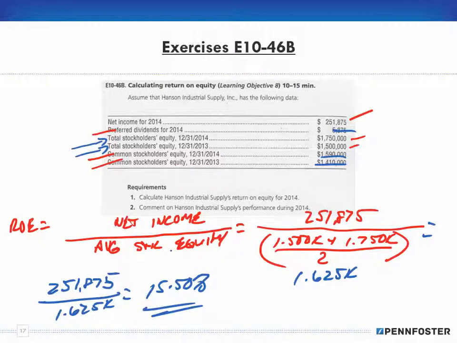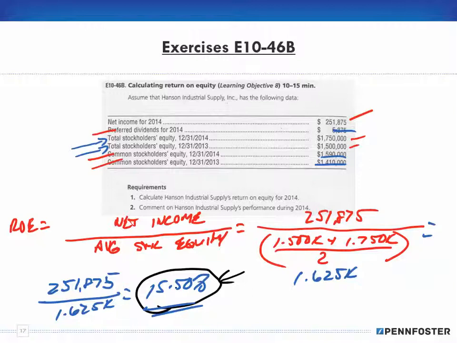Now number 2 says comment on Hansen's performance during 2014. Having a positive return on investment is a good thing, because you put money in and you got a return on your investment. If this happened to be a negative number, then you're actually losing money. But whether this 15.5% is good or not, that all depends, and that's not explained in the solution.